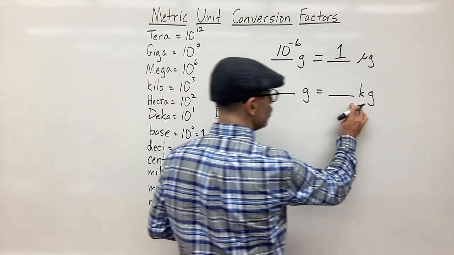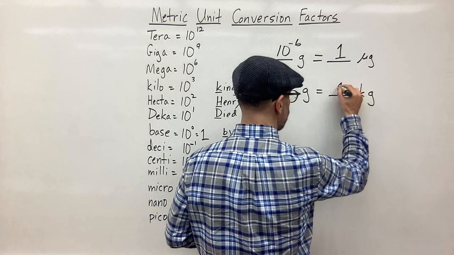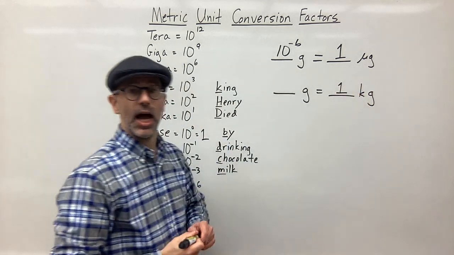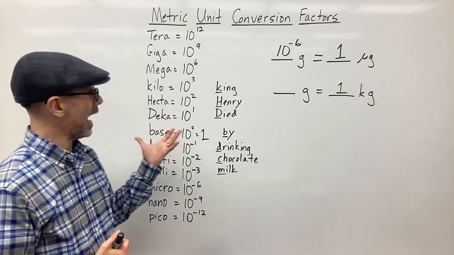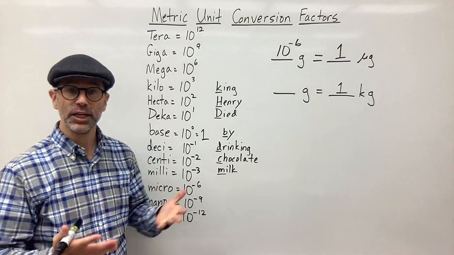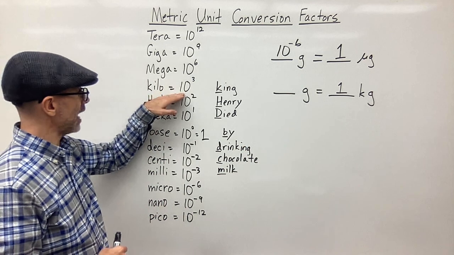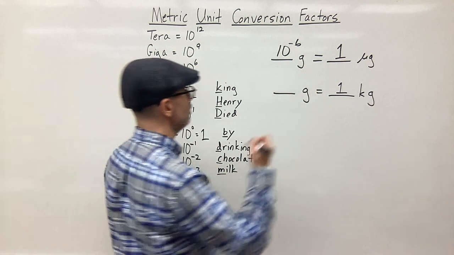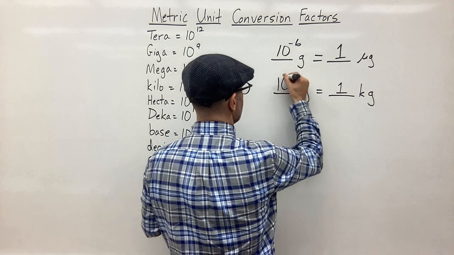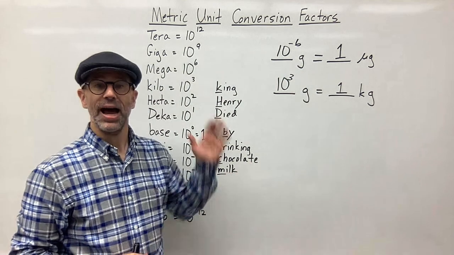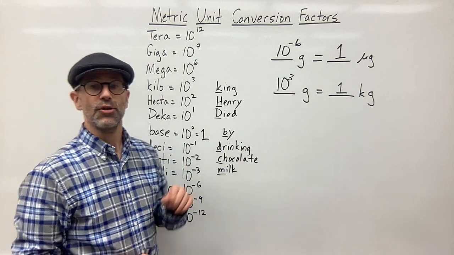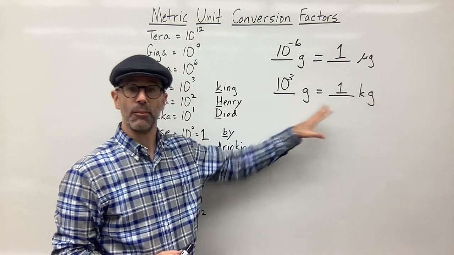So this unit has a prefix, so that's going to get the 1. And then the other side, which is going to be the base unit, is going to have the multiplier for kilo. Kilo is 1,000 or 10 to the 3. So I'm going to put that with the base unit. Now I have my equality. I know this is true, so I don't have to worry about making a mistake.